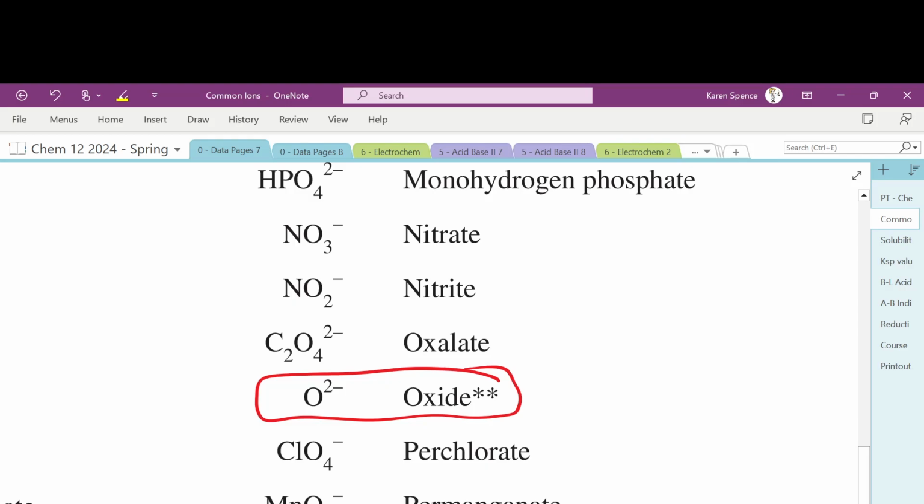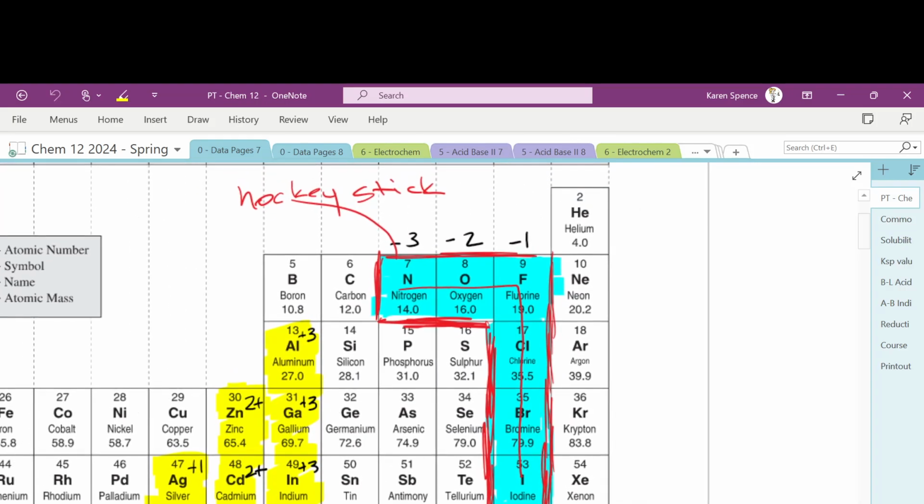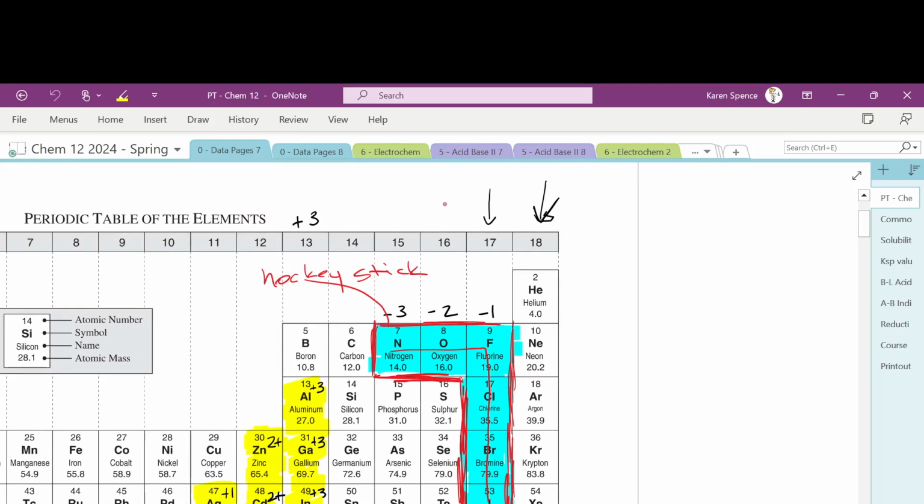Or you can go to your periodic table and say, I know that everything in column 16 is going to have a -2 charge because it's got 6 electrons in its valence shell. The valence shell is full with 8. So it would need to gain 2 electrons, which means it has a -2 charge. But it is listed for you in the table of common ions if you forget.